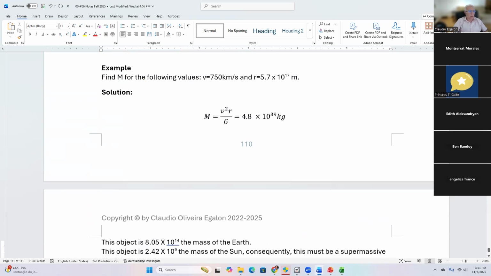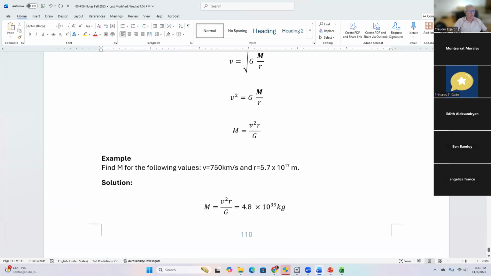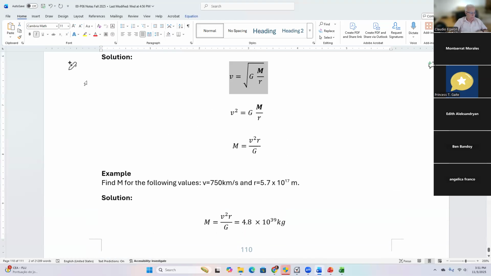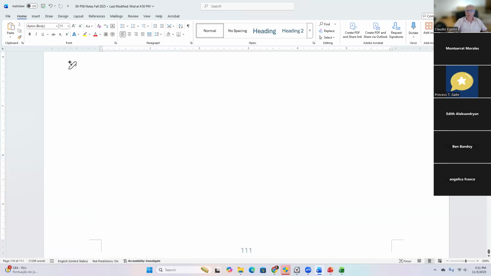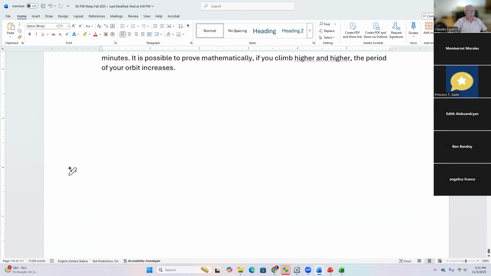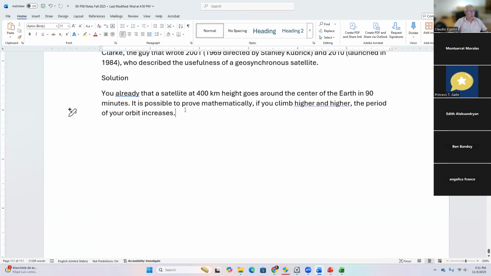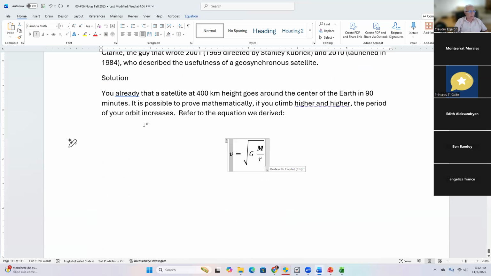Let's take a look at this equation. This equation for now doesn't have the orbital period yet. Refer to the equation we derived. Okay, here you go. The orbital speed of a given satellite decreases as it moves further and further away from the center of the Earth. Do you see that? It goes with the square root.